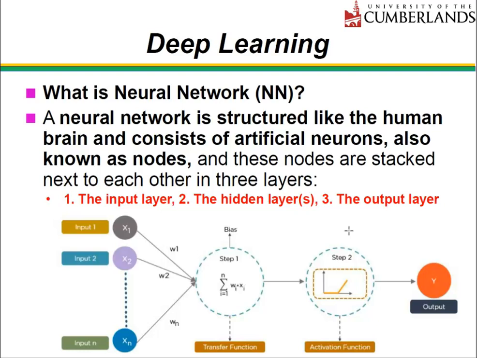So this chart right here shows us the information flow through the network. Each input will connect to an input node, as you can see here. And then each input, after that, will connect to nodes in the hidden layer through weighted connections right here, with different weights, W1 all the way to Wn.